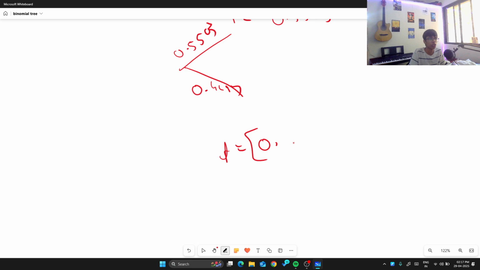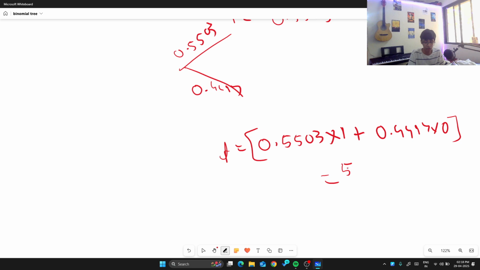So our future payoff from the option would be discounted, right? With 0.5503 probability of going up we will get 1 rupee, plus for going down 0.4497 into 0, and that would be equal to 0.5503, right?